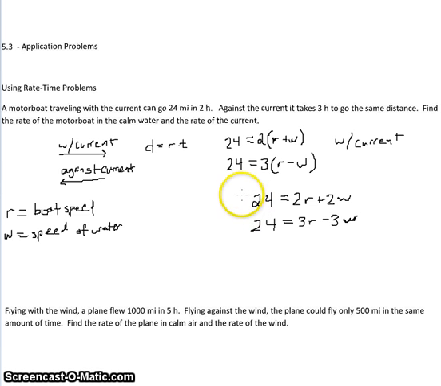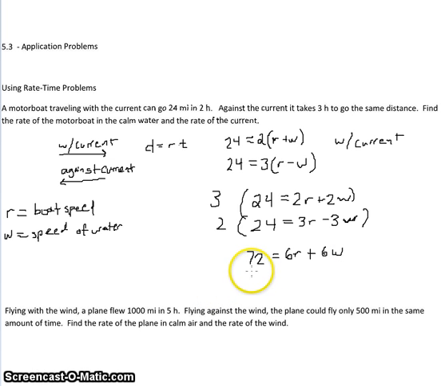Using elimination, I'm going to get rid of the water because they're already opposites. I'm going to times this one by 3. I'm going to times this one by 2. So what I get is 72 equals 6R plus 6W.